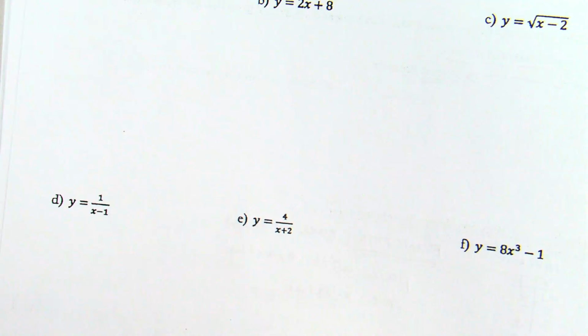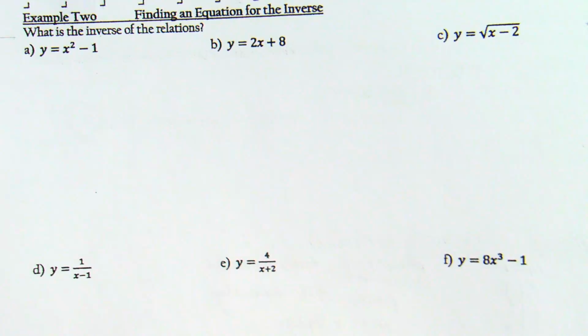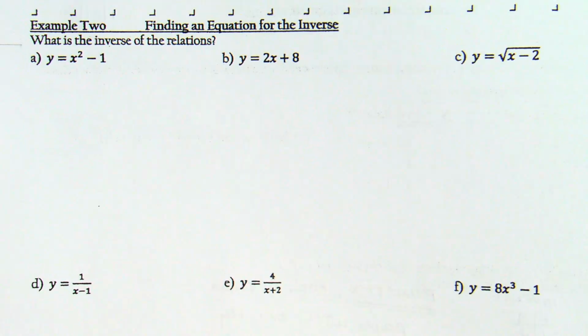So let's try A here. A is y equals x squared minus 1. And we want to know the inverse. So what do we have to do? Take x and y and switch them.